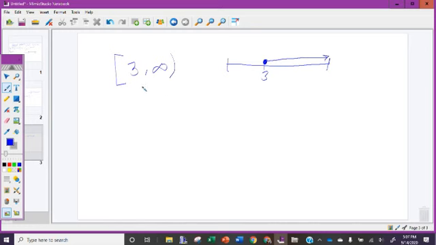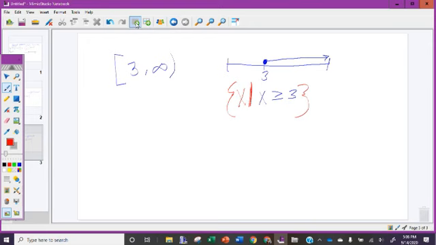And if I was to write this as an inequality, I'm saying that x's are greater than or equal to 3. That's my inequality. To write as a set notation, I would write x such that, and now it's in set notation.